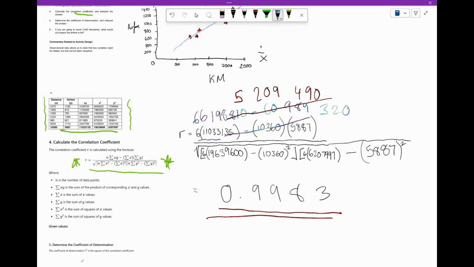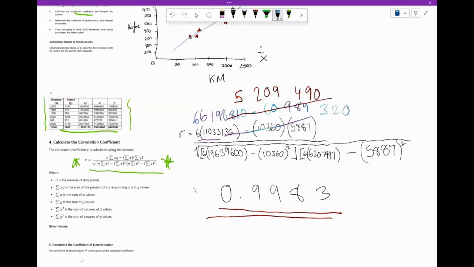But you see, there is a way of just punching all this stuff into your calculator and getting the coefficient and stuff like that. There's a YouTube video, because remember we have different calculators.